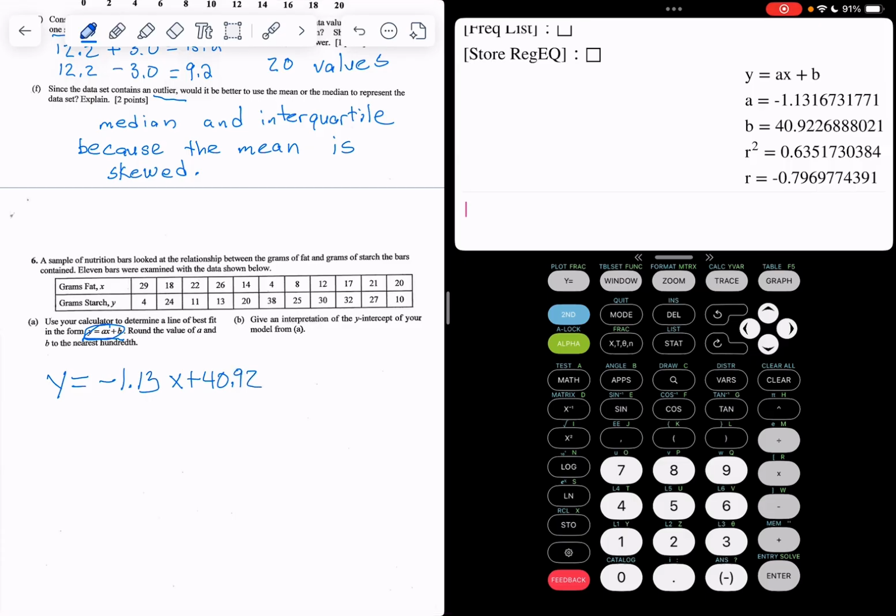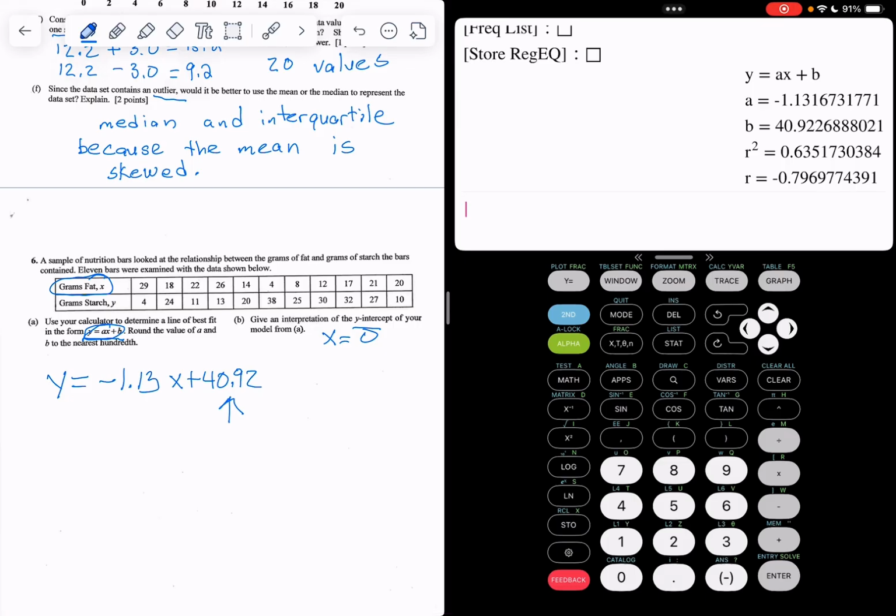Now it says give an interpretation of the y-intercept. The y-intercept is this number here. It happens when x is 0, right? And x is always 0 when we're talking about the y-intercept.